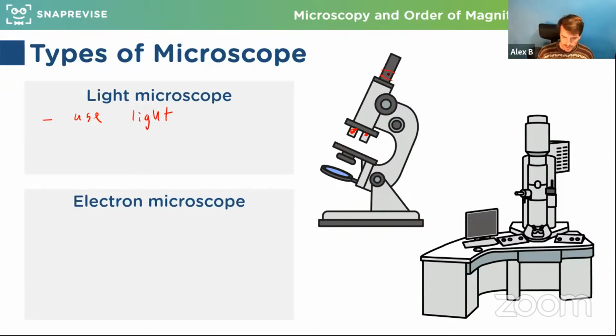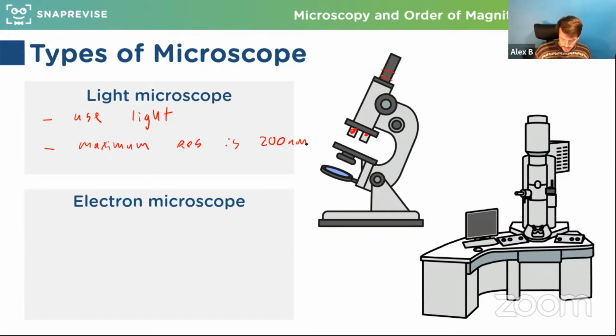The maximum resolution is around 200 nanometers from a light microscope. So anything smaller than that, you're not going to be able to see what's going on.